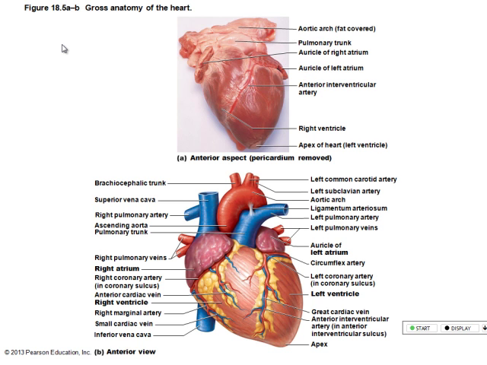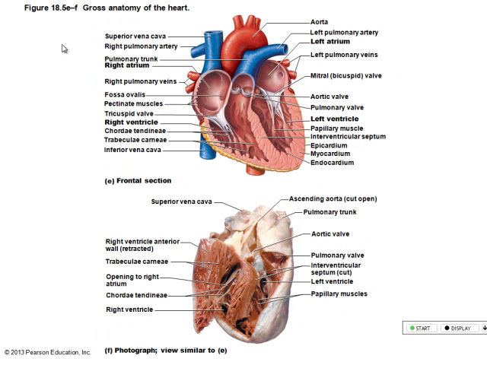So we see a whole bunch of diagrams, and my favorite one to see everything that we need to see is on page 665. And that's that guy there. And he's the frontal section. So what we do is we take the heart and we face it anatomically towards you, yes?